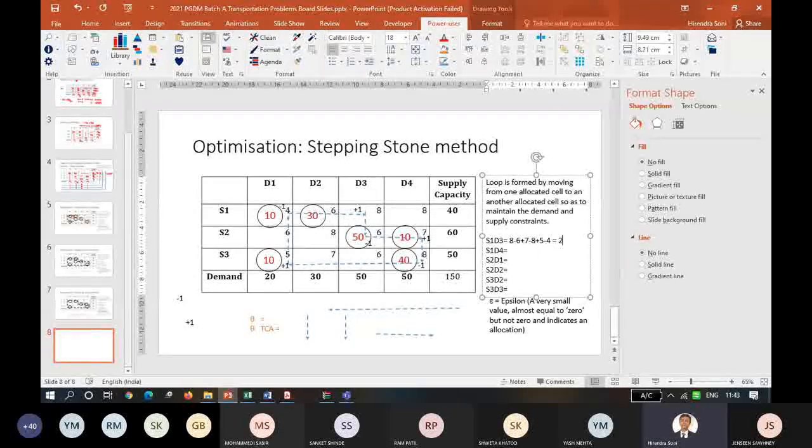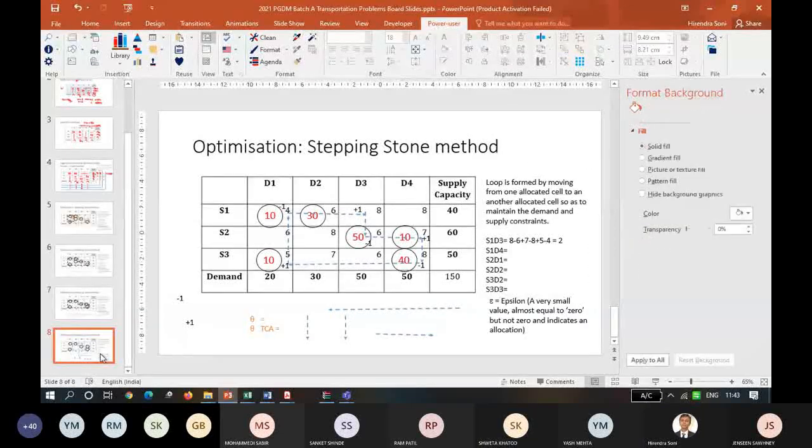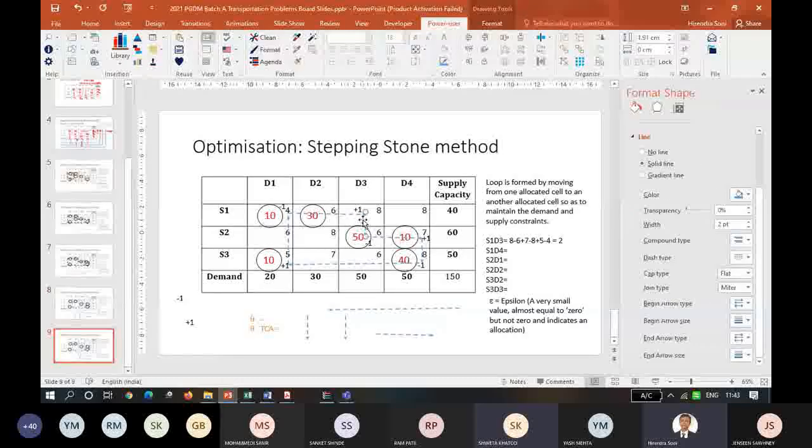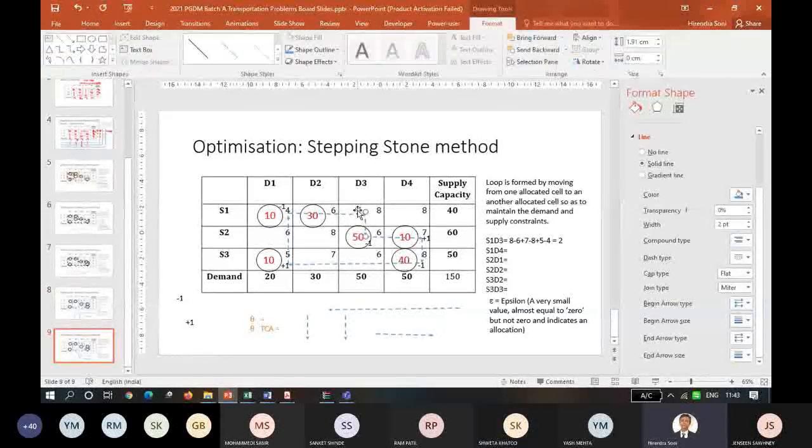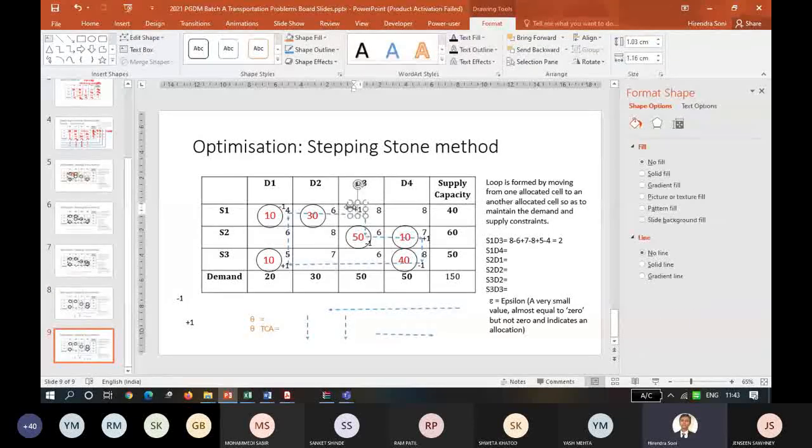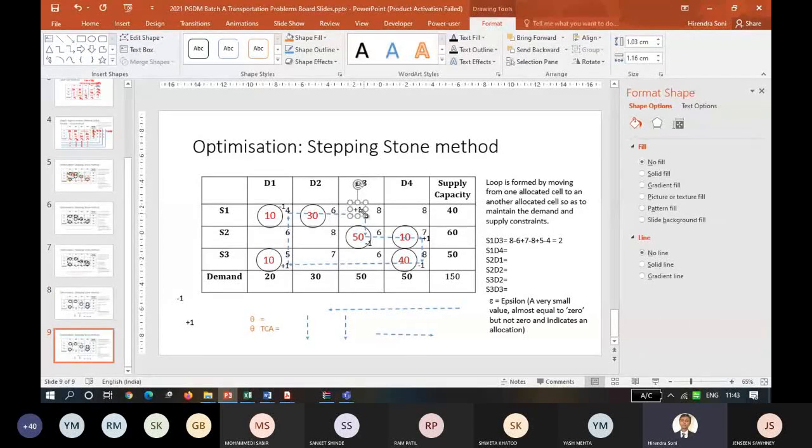Minus 4 is 2. Correct? Okay. Let's look at the next one. This one is clear to us now. Next, for this we will consider the adjacent one. Correct?